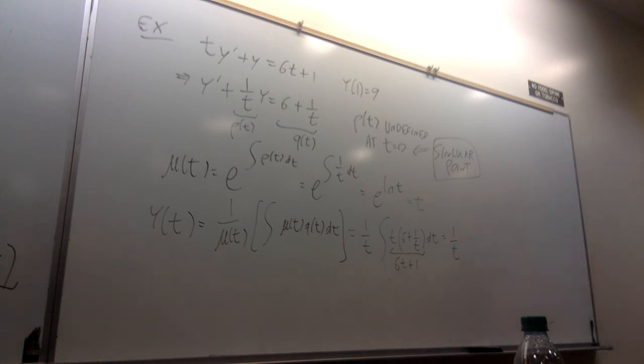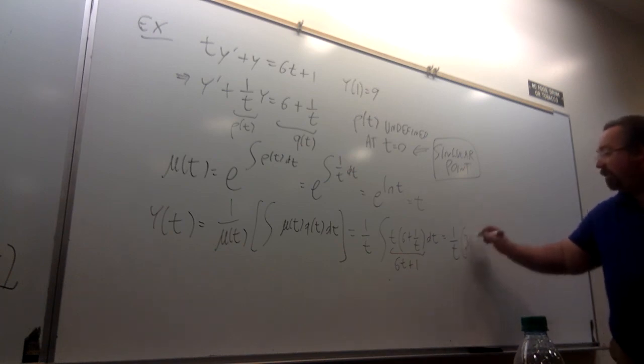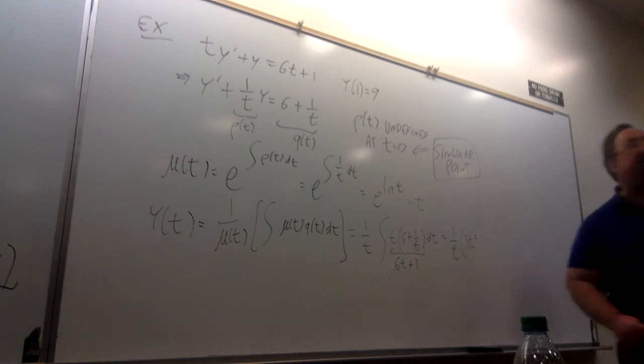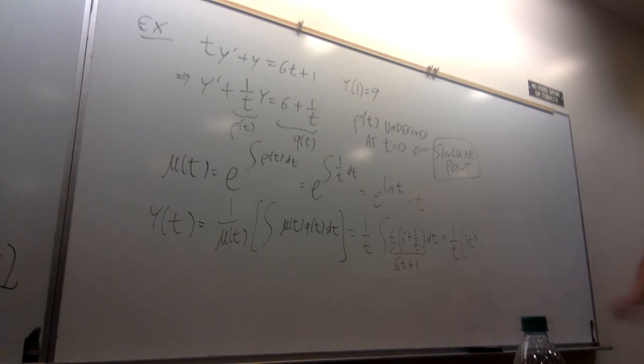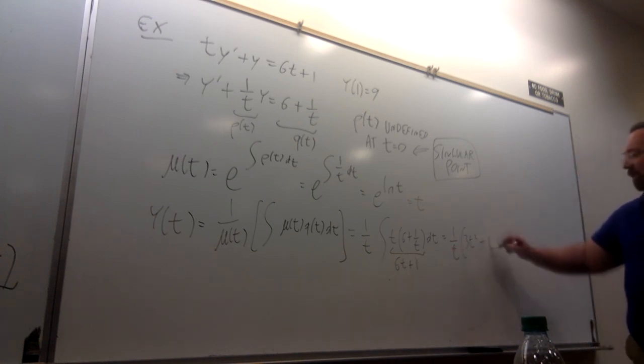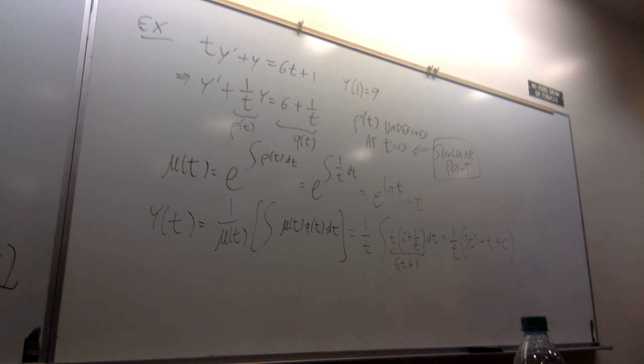So what's the integral of 6t plus 1? 3t squared, yeah, because it's 6 times t squared over 2. So 3t squared plus t. Right, and then do not forget the plus c. So now we have our general solution.